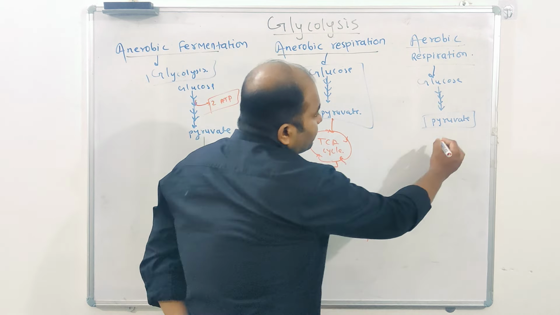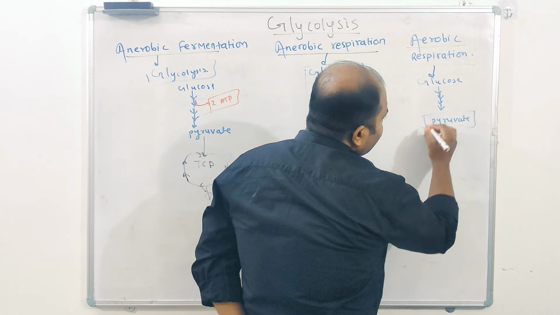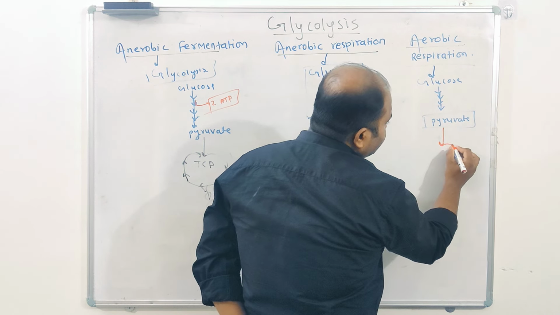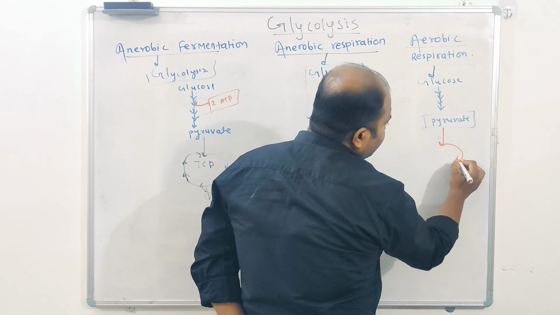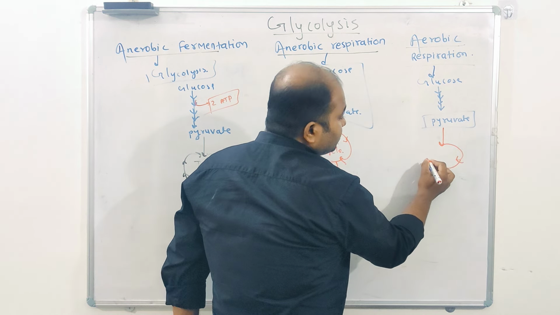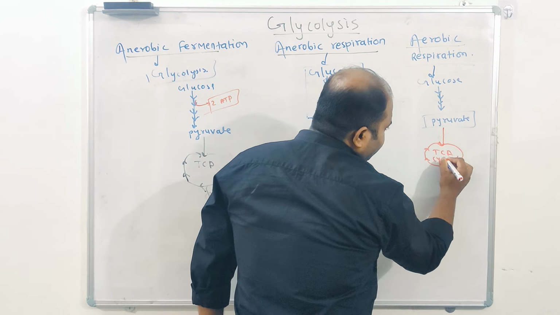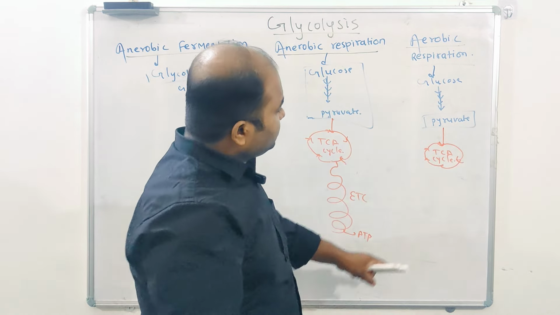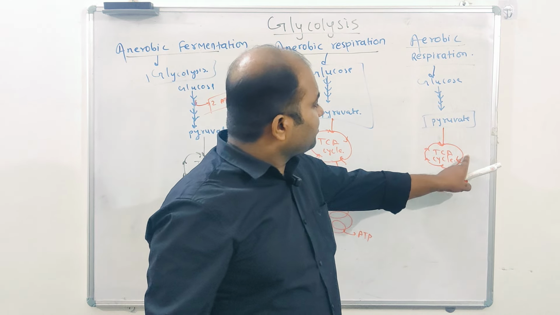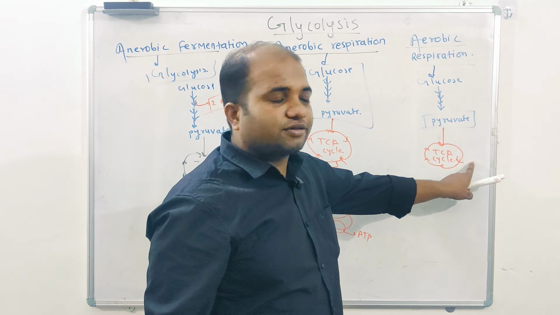So this pyruvate converts into acetyl-CoA, and then it enters into mitochondria, and the mitochondria will have the TCA cycle. This TCA cycle will release some amount of NADH, that is protons, or you can say electrons.